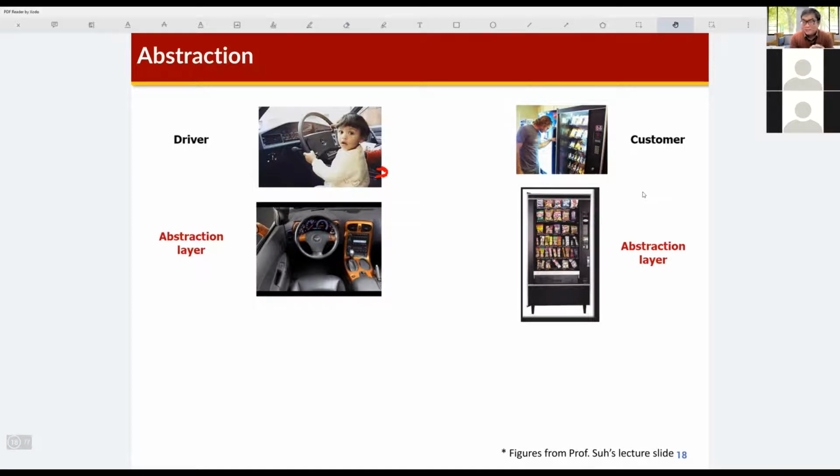So is this knowledge enough for driving a car? Yeah, but let's focus on the car, not the driving law or the infrastructure or environment of driving.